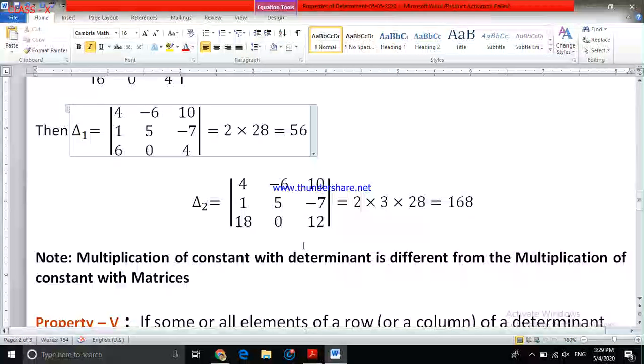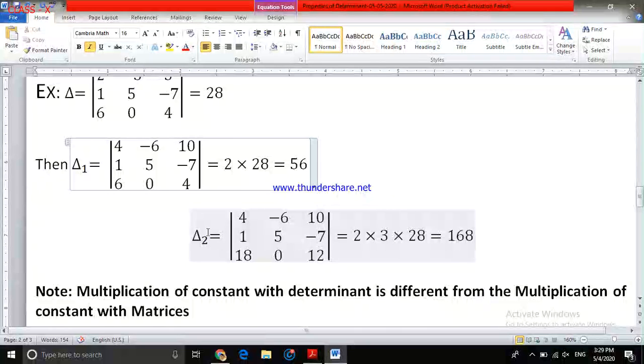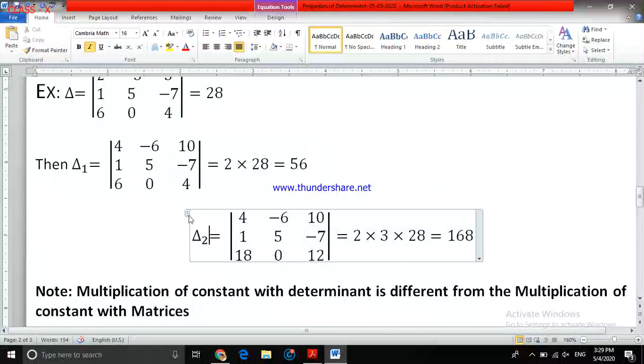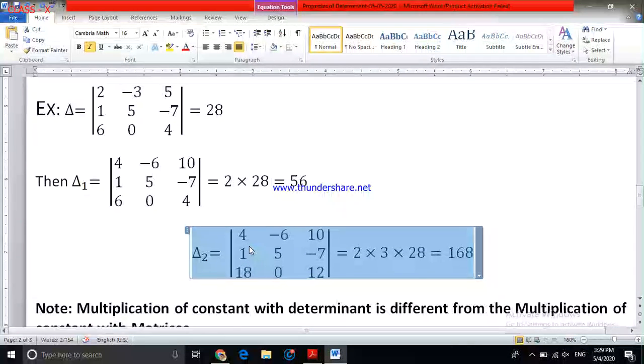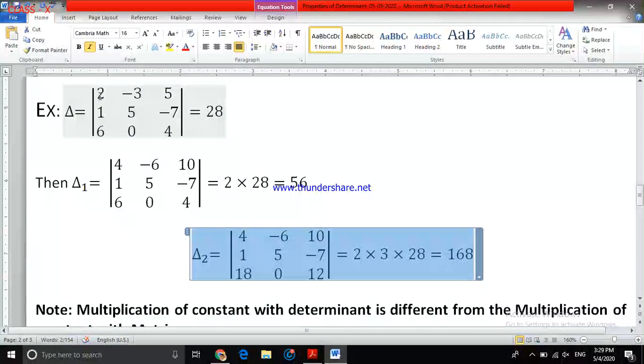Now if I come to the delta 2 matrix, you see the delta matrix and delta 2 matrix, what is the difference you find? The first row of delta is 2, minus 3, 5, and the first row of delta 2 is 4, minus 6, 10. So the first row is multiplied with 2, and the third row in the delta matrix is 6, 0, 4, and the third row of delta 2 is 18, 0, 12.